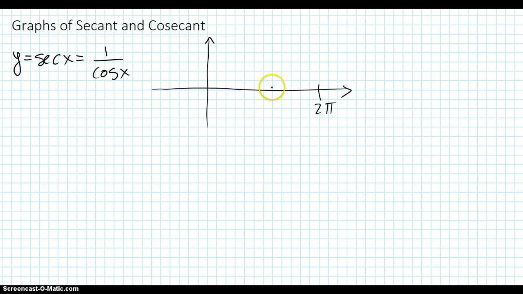And we know that if we break this up into 4 parts, we would get something like this. Half of 2 pi is pi, half of pi is pi over 2, and 3 pi over 2 is in between pi and 2 pi. Let's just call this 1. The amplitude is 1.